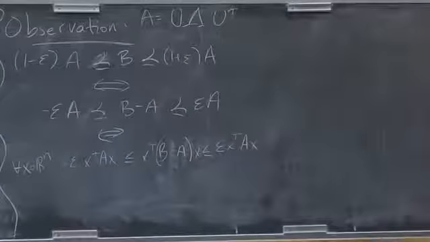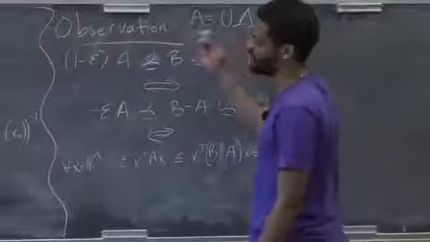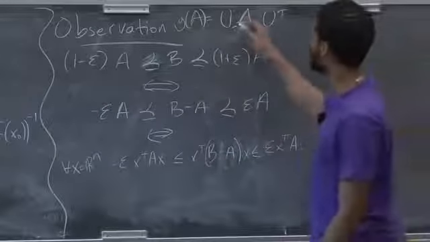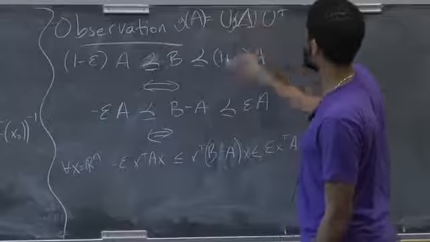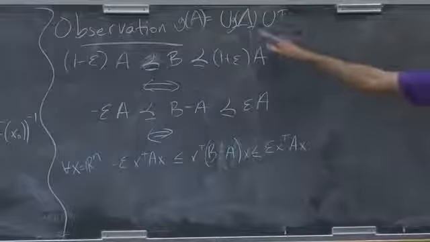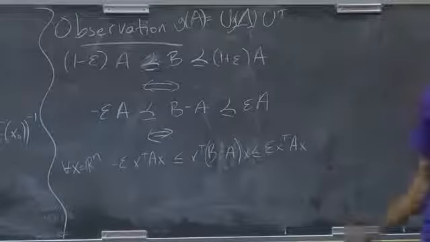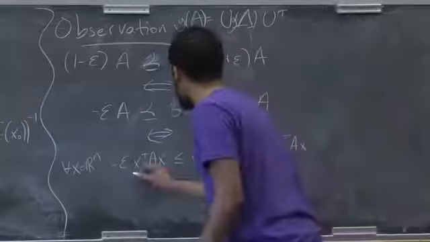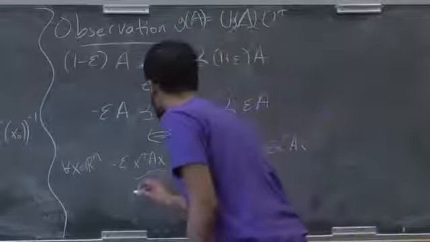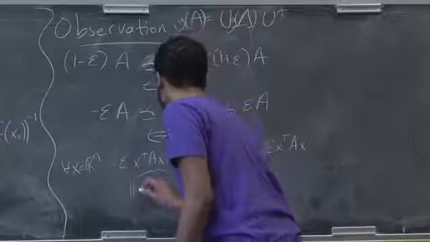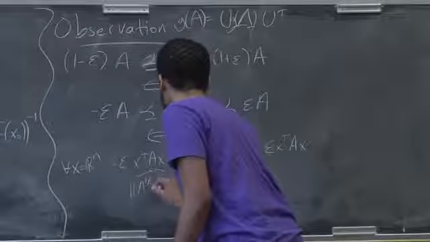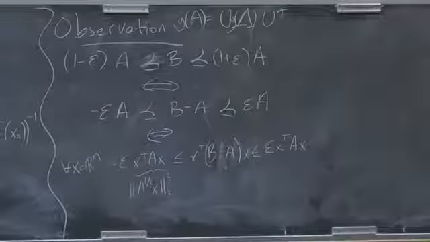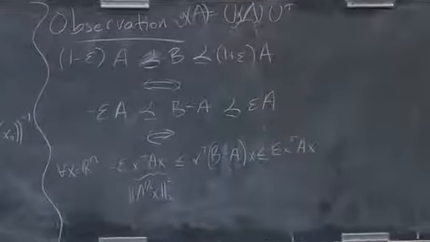When I talk about some function g applied to A, what I really mean is take this decomposition and apply g to every single one of the eigenvalues in lambda. Then what is x transpose Ax? That's just the L2 norm squared of A to the 1/2 x.